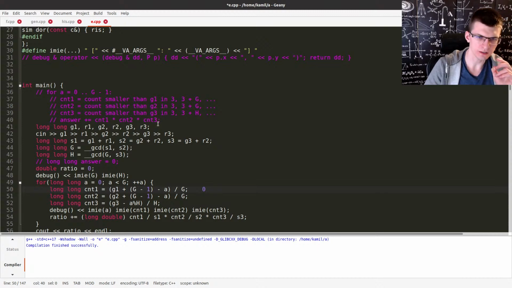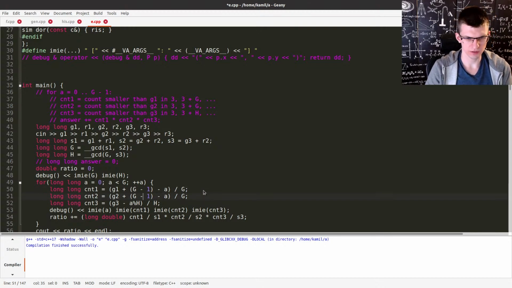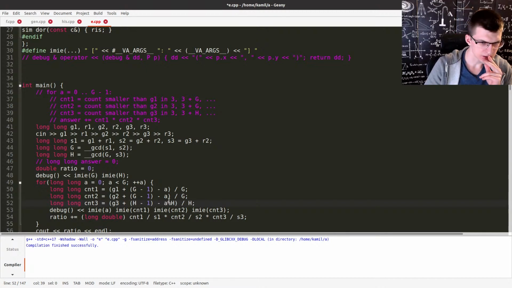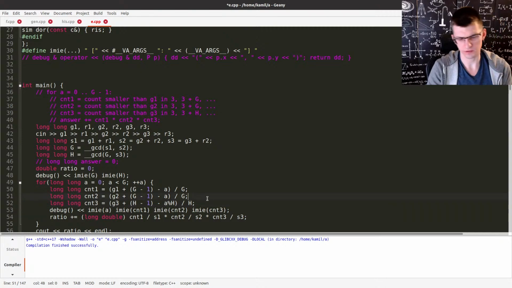No, when this is 3 plus 1. 3 plus 1 is the first possible G1 for which we should get answer 1. This is 3 plus 1 minus 3 plus this G. All right, now it's good. Then what should be here? H plus 1, H minus 1, or what?